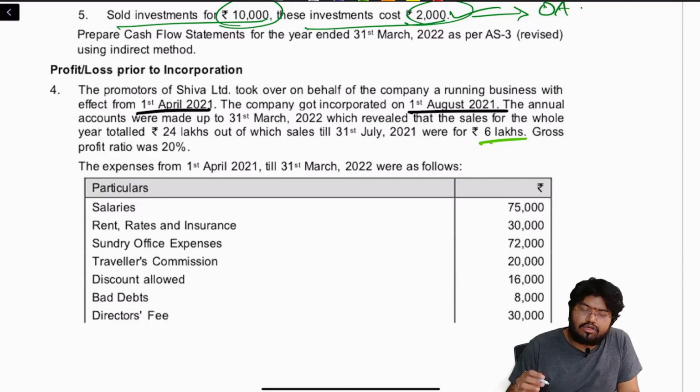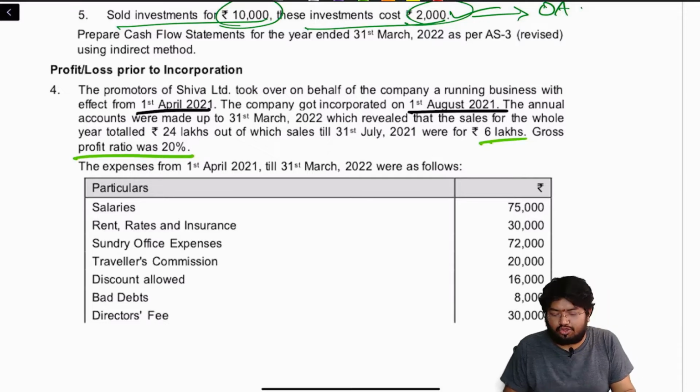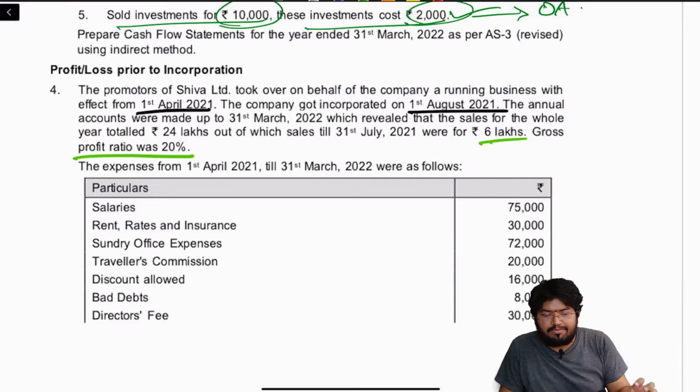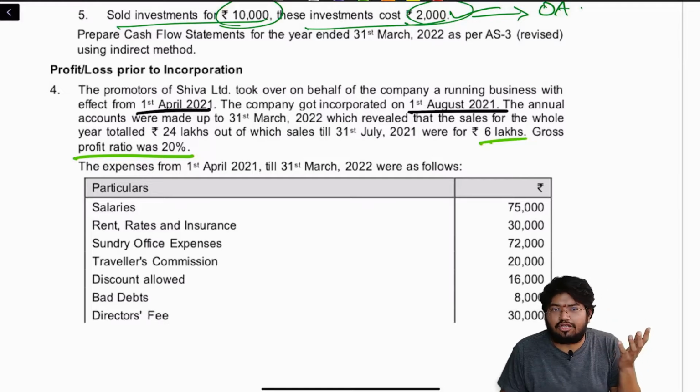And out of this 6 lakhs and 18 lakhs, he has clearly told you what your GP is also, 20%. So you need not start with sales, you can directly start with gross profit. There is nothing wrong, okay? Even if you do it from sales, that is absolutely correct.